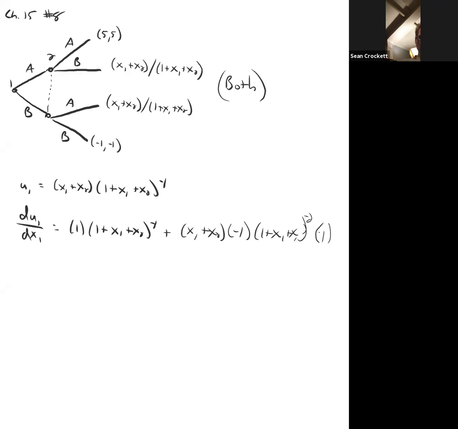Okay, so I'm going to have 1 over 1 plus x1 plus x2, minus x1 plus x2 over 1 plus x1 plus x2 squared.